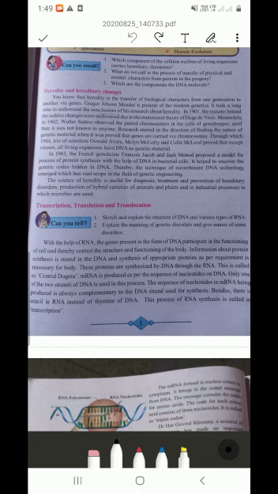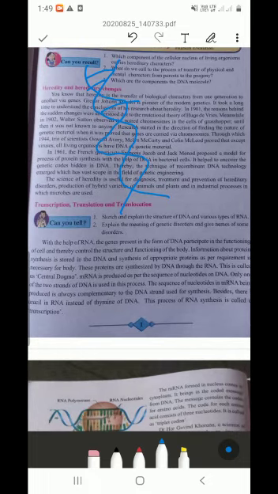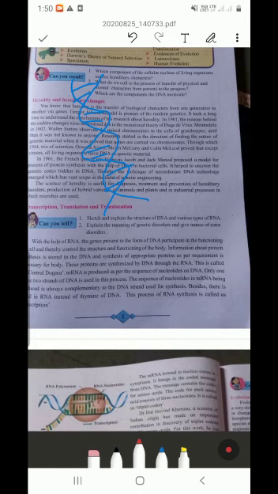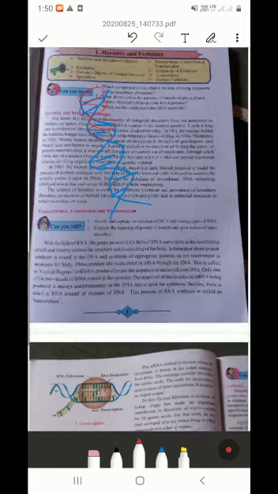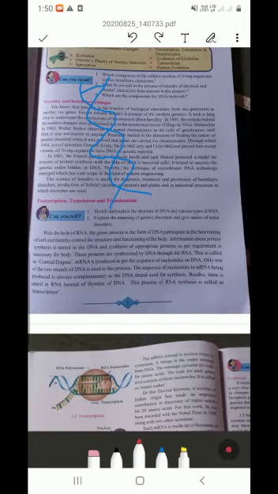Okay, so these are the nitrogenous bases. If you studied the structure of DNA, see this, on these lines you will see the nitrogenous bases.